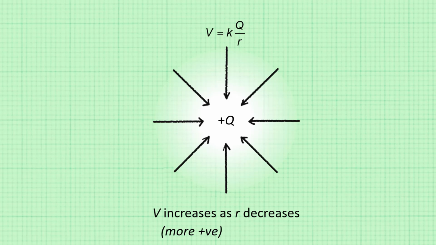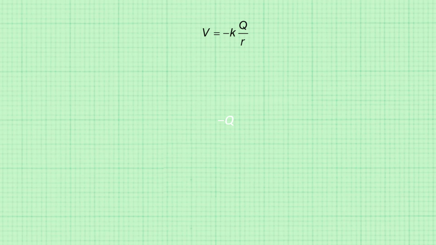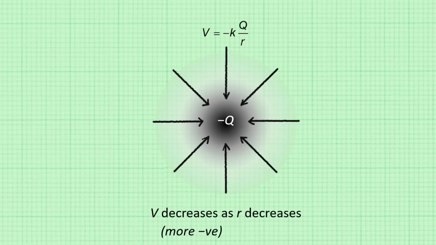On the other hand, a negative point charge produces negative potential, and the potential becomes more negative as you get nearer to the charge. So it's like a negative point charge depresses the ground around it to produce a crater around it.